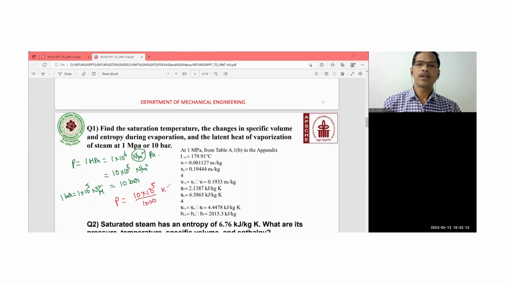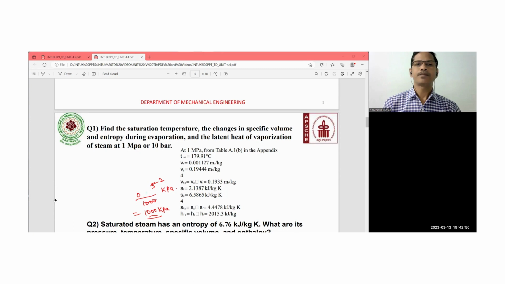Three zeros get cancelled, and only 2 remain. So that is nothing but equal to 1000 kilopascal. This is how you can keep the pressures in megapascal, in bar, and in kilopascal. This is the first basic fundamental step a student has to identify. The conversion factors are also important for solving the numerical problems.